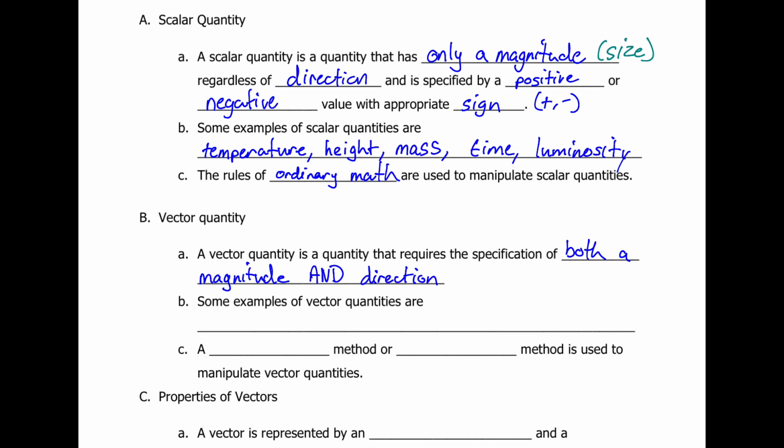Probably the most common one that we will deal with all the time is velocity. It's how fast you are going, and when you're going somewhere, you have to be going in some direction. So when you're measuring a velocity, that direction is necessary to include.